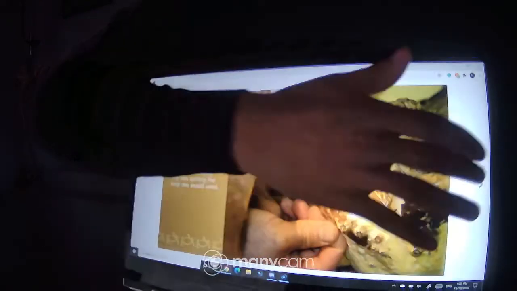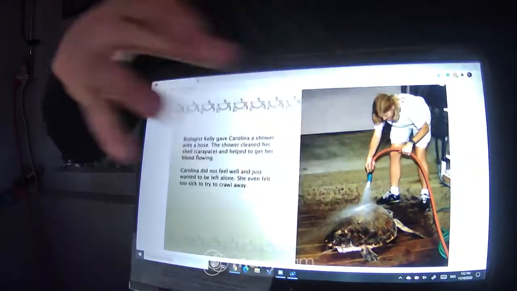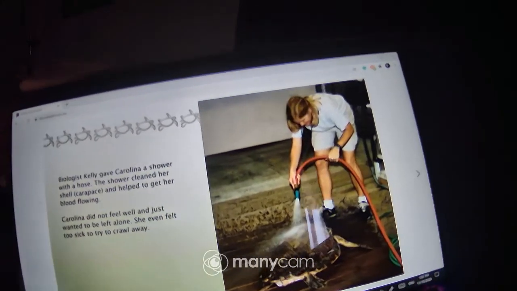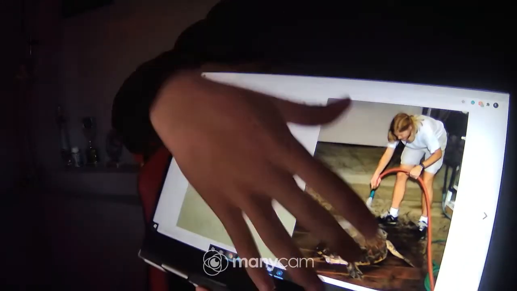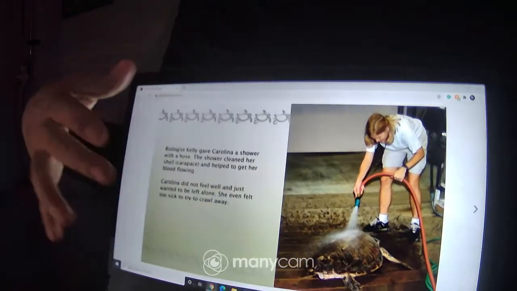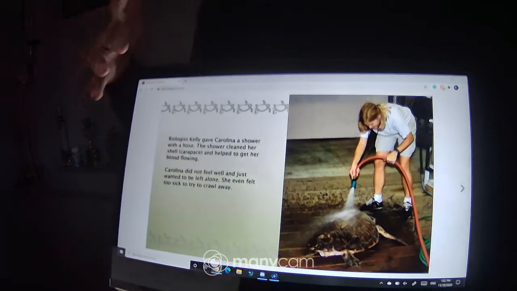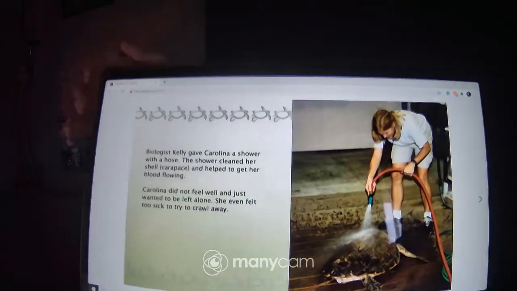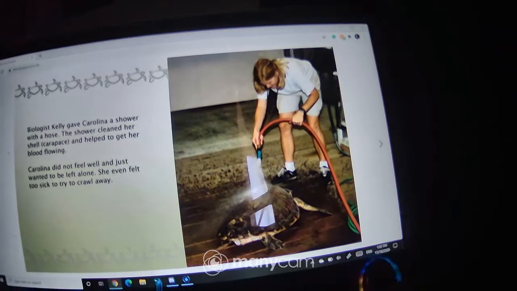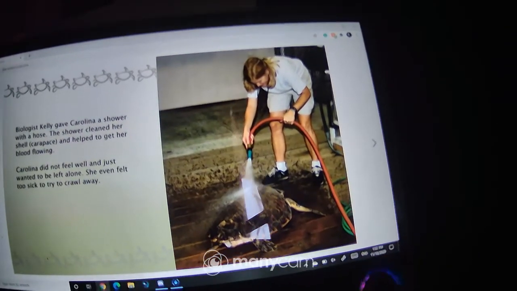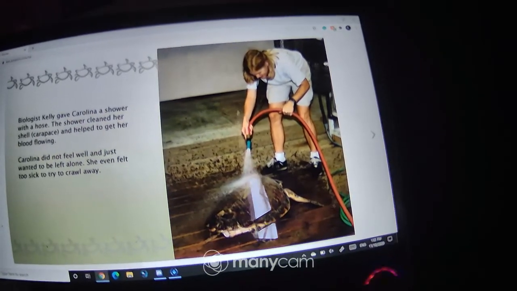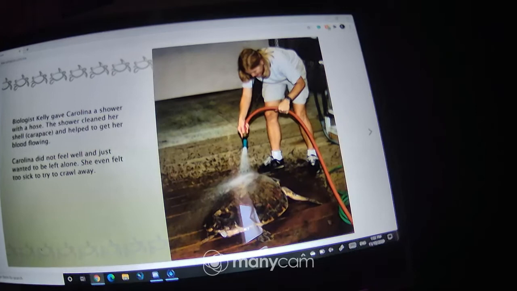As for the final image that we will be looking at, we can infer that she's taking a bath there, washing her hair. It seems that there's nothing wrong with her, to be honest. But as we look into the text, the biologist gave Carolina a shower with a hose. The shower cleaned her shell and helped get her blood flowing.